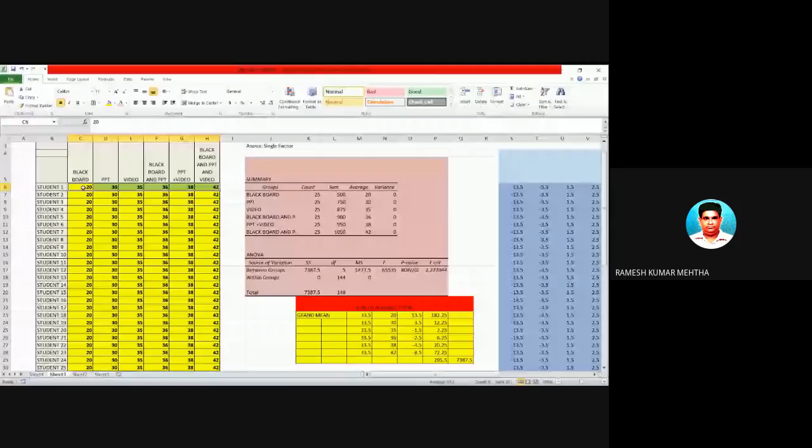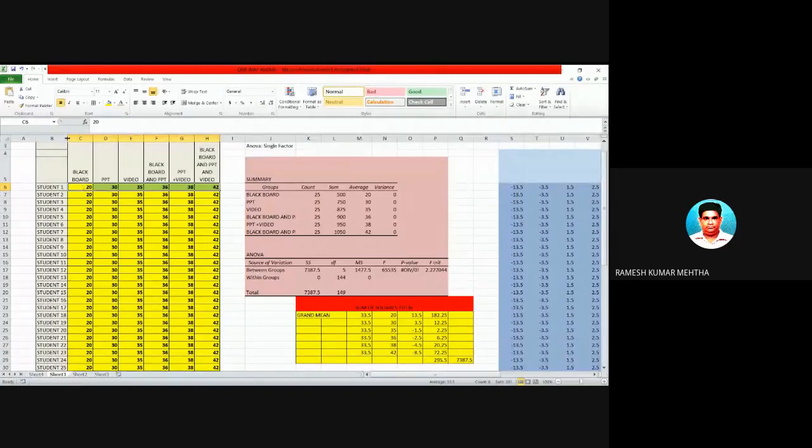Now, this is a situation where the dependent variable is a number in nature and the independent variable is nominal in nature. Number three, the groups are more than two.